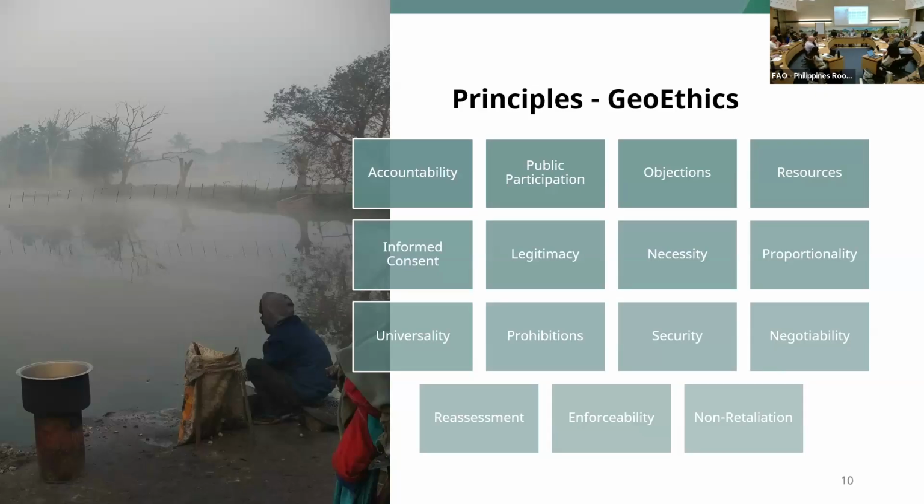Proportionality and universality is going to be really important, and this is where you're balancing your benefits and harms. Is it necessary to use the methodology that you came in with as an institution? Security and re-identification risk. Some of the agricultural data, specifically in rural areas, if we are going to say that we want to involve the individuals that are in those acreages of land, we're also looking at a very small sample of individuals in rural communities.